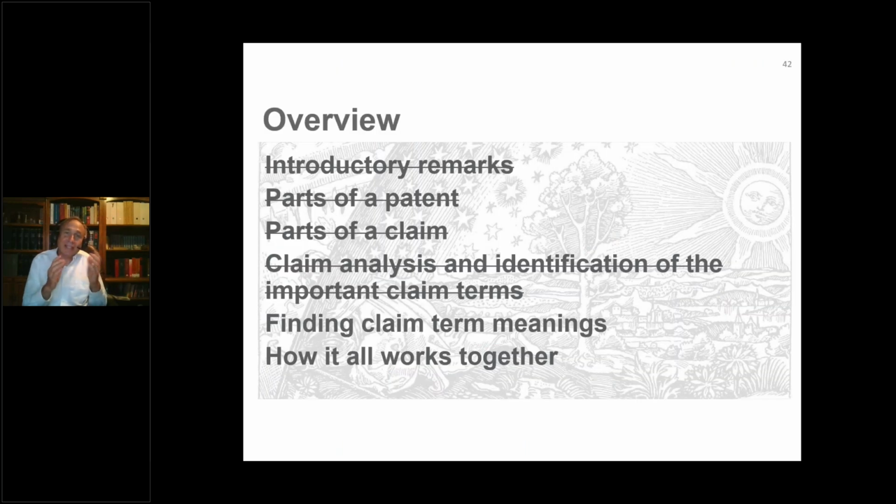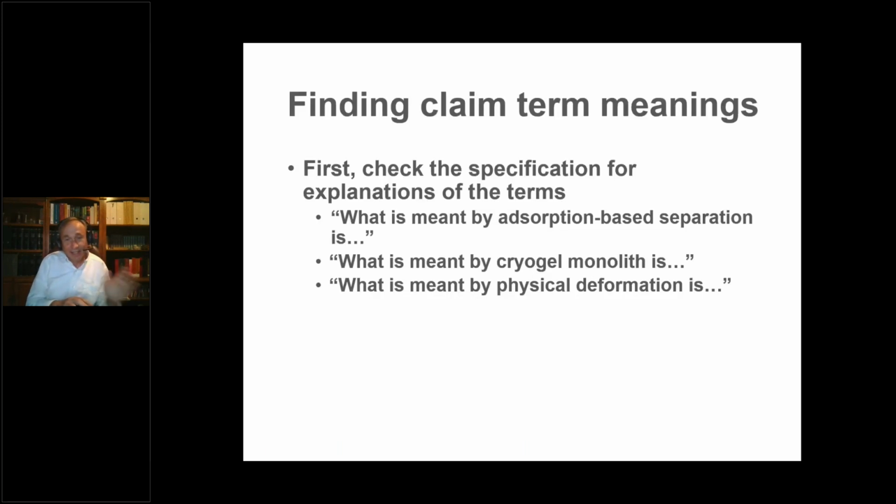Now let's look at the section on finding the claim terms. This is hard work, okay? So if you start to get bored, try to stay awake. So the first thing you do is you look in the specification for explanation of the terms. So you can just punch in adsorption-based separation and let your browser click through it and look for something like what is meant by, or adsorption-based separation means, or is there an explanation around it that talks about it?